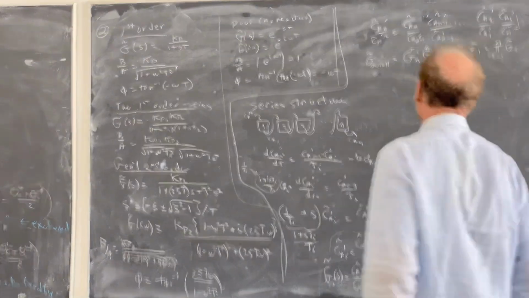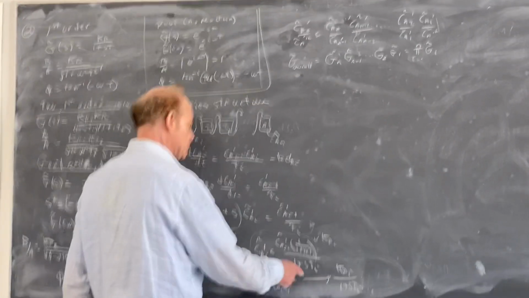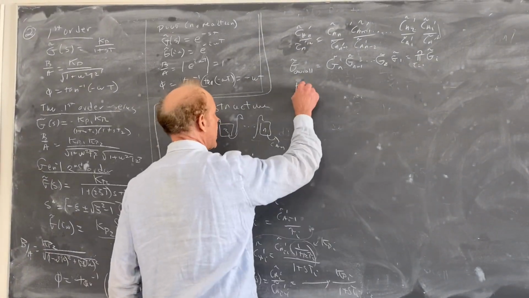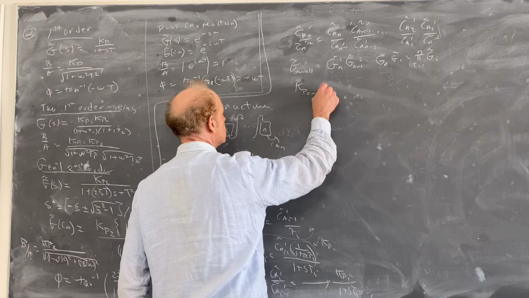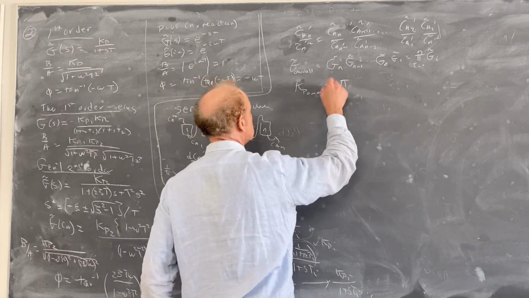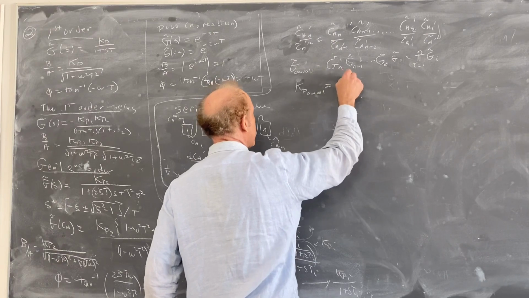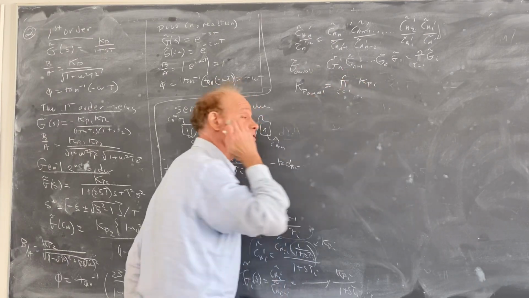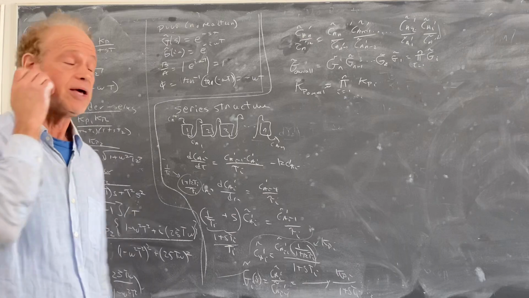Therefore, since each of the G's looks like this, the overall KP, since I'm multiplying these, is just the product, i equals 1 to n, of KPi, the product of the individual KPis.